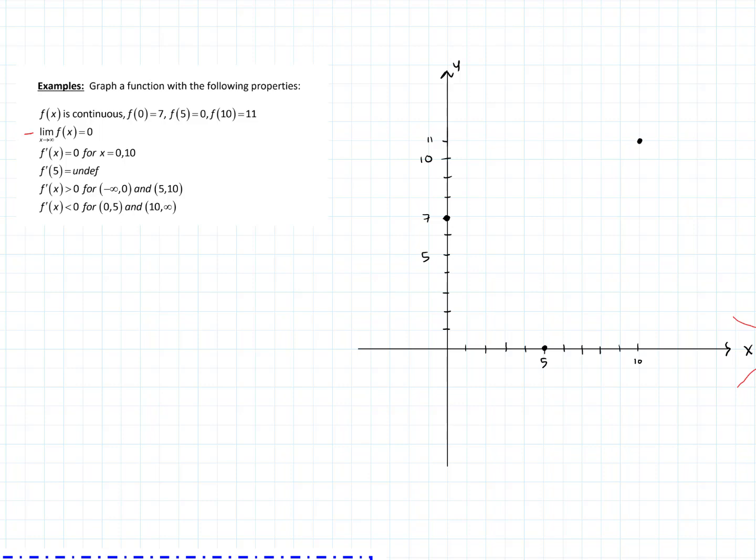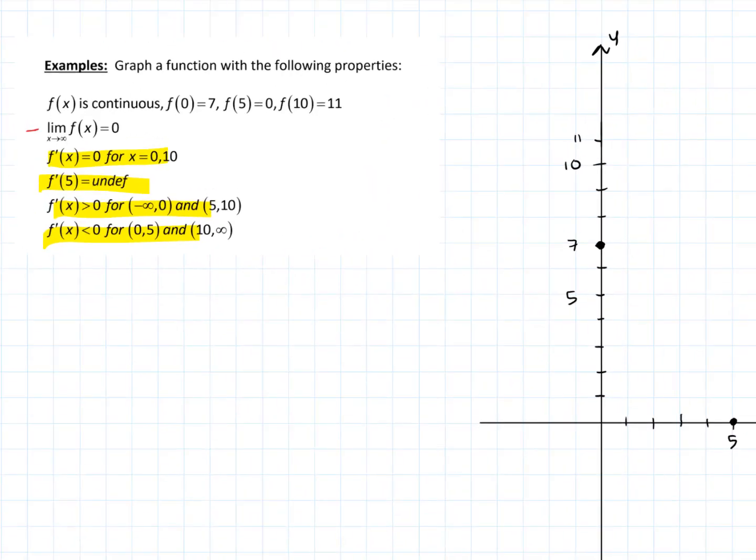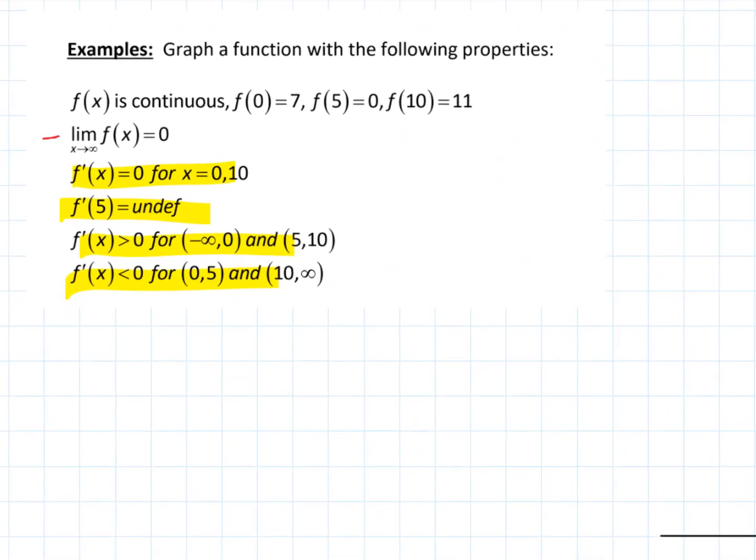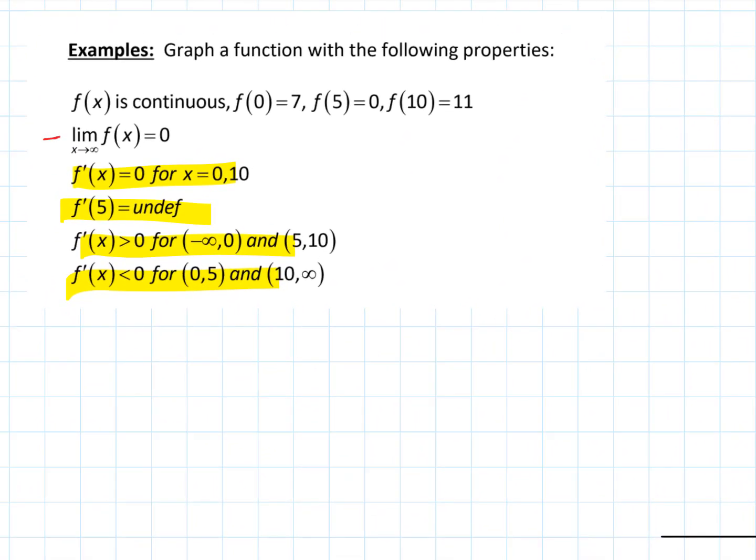Okay, now we have a bunch of information right here about the first derivative. So what am I going to do with that information? I want to zoom in on it for a second so we can see it. It was getting a little small for my eyes. If we zoom in, we are told that the derivative is equal to 0 when x is equal to 0 and 10.